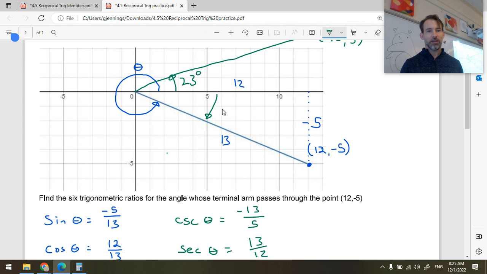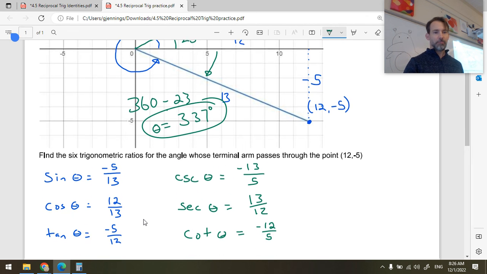So if I use 360 minus 23 degrees, then I will find it. You see, it's given me the acute reference angle when I used cosine. So the correct answer would be 360 degrees minus 23, which equals 337 degrees. There, circle it. That's theta.